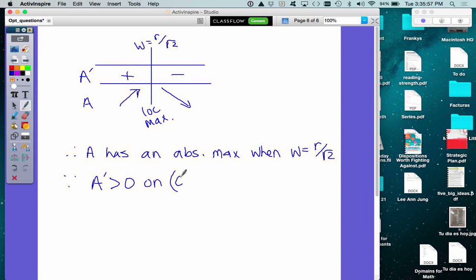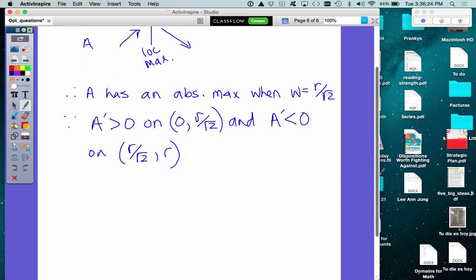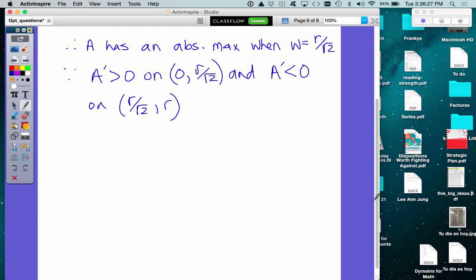In other words, on my whole domain, from 0 to r over the square root of 2. And likewise, A prime is negative, which means that A is decreasing on the entire interval from r over the square root of 2 out as far as we can go, which is r in our domain. So now we know what value of w gives us our maximum.